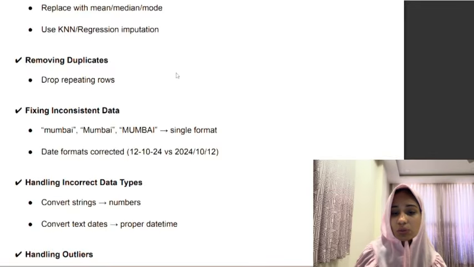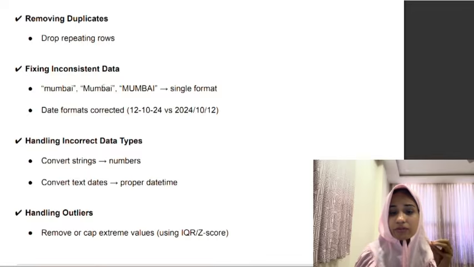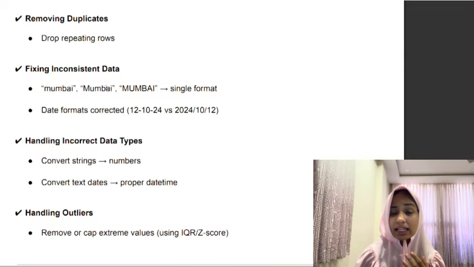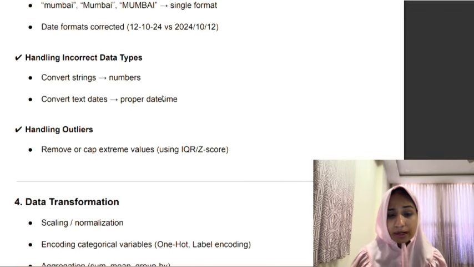Second is removing duplicates, like dropping repeated rows, and fixing inconsistent data. Like Mumbai written all small, with the first letter capital, or all capital. We convert it into a single format, and the date format should also be corrected into a single format.